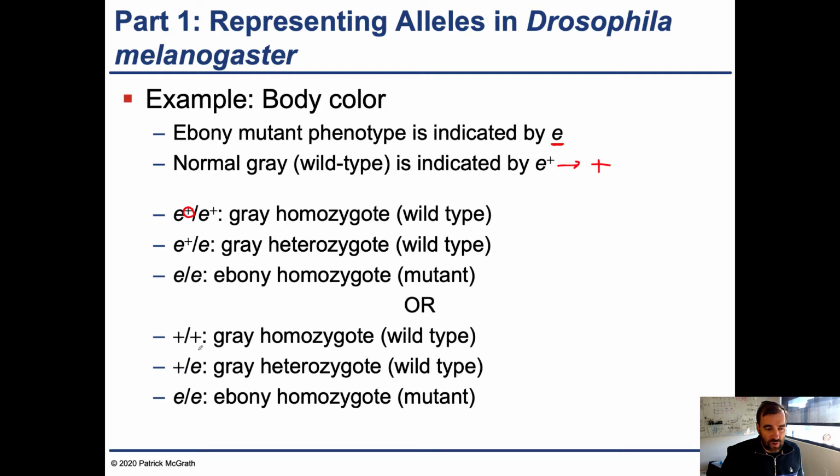If you wanted to write the three possible genotypes, you could do it this way: plus plus, plus E, and EE. This is another example of allele naming where they're using the plus, and the plus is dominant to the E, which you can see based upon the wild type color and the mutant color phenotypes.